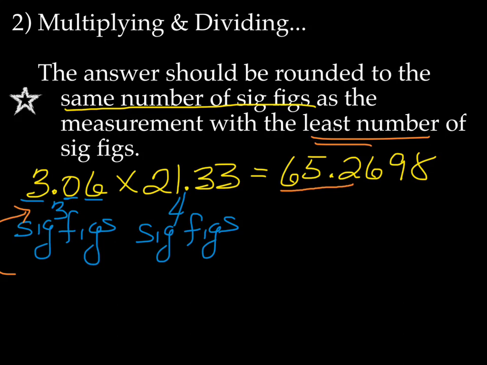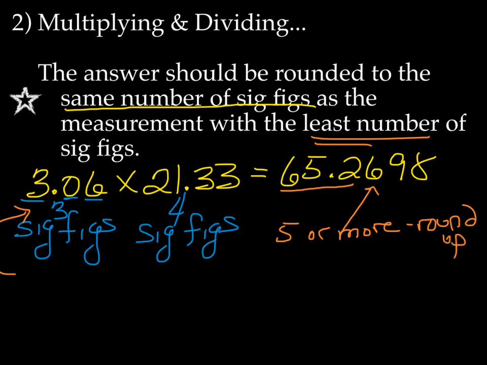So let's do a little bit of rounding practice just in case. When you're rounding, you start by looking at the first number you're going to drop. If that number is 5 or more, you round up.